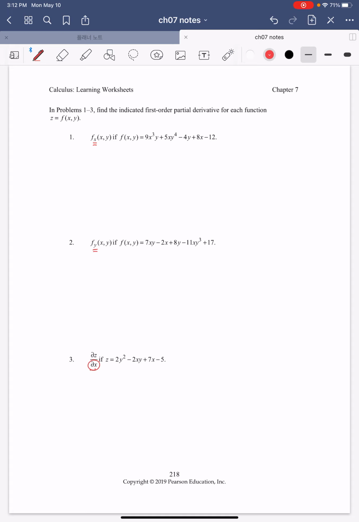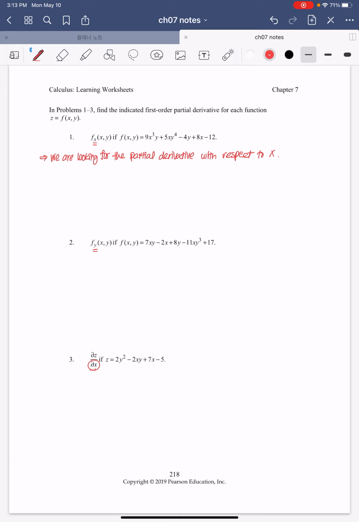This means it's a first derivative, so let me write a word. This means we are looking for the partial derivative with respect to x. So that means we are going to consider only the x as the variable and other variables as constants.